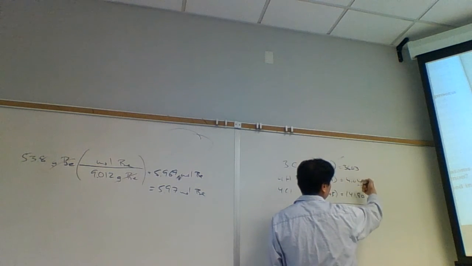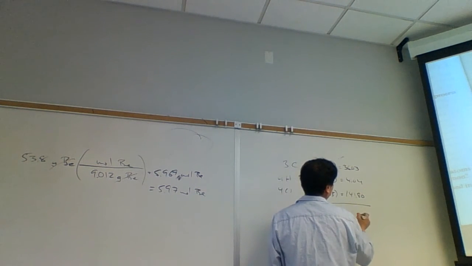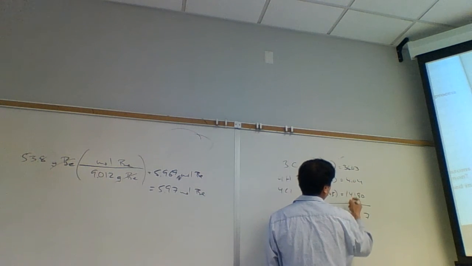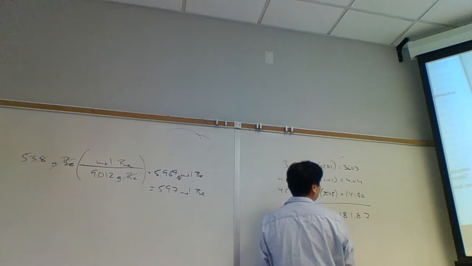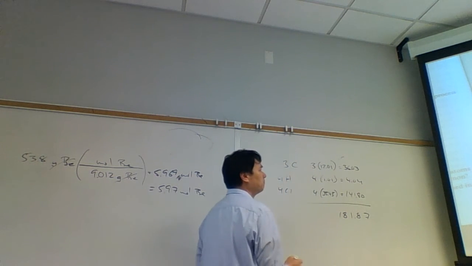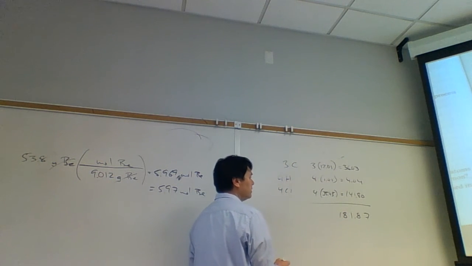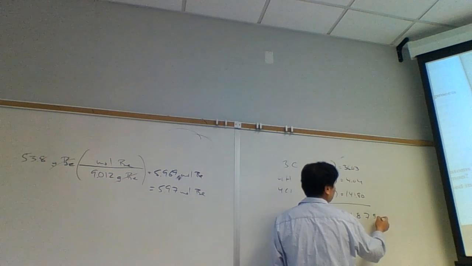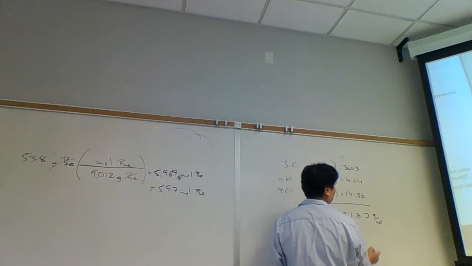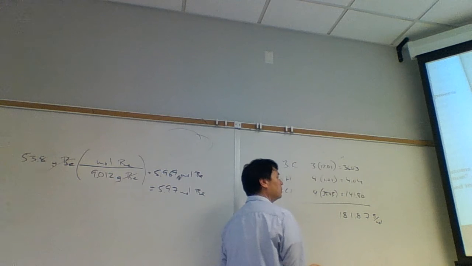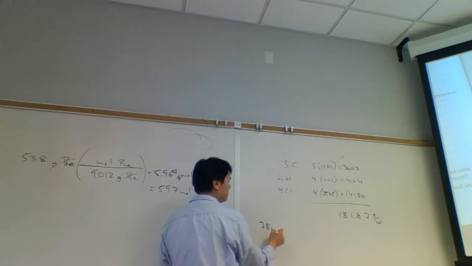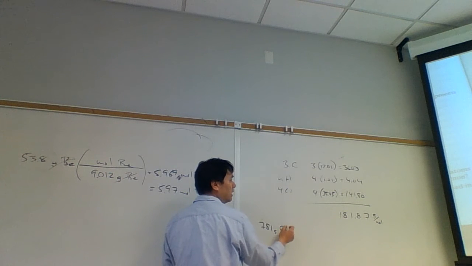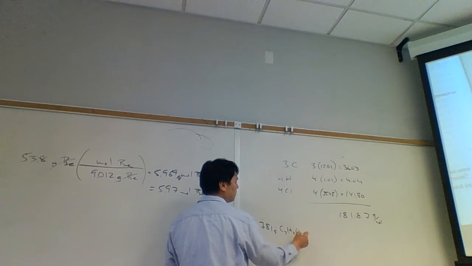And so that's 36.03 plus 4.04 plus 141.8, which is 181.87. And then is this molecular? Yeah. So grams per mole, molecular. And so we have 781 grams of these molecules, C3H4Cl4.